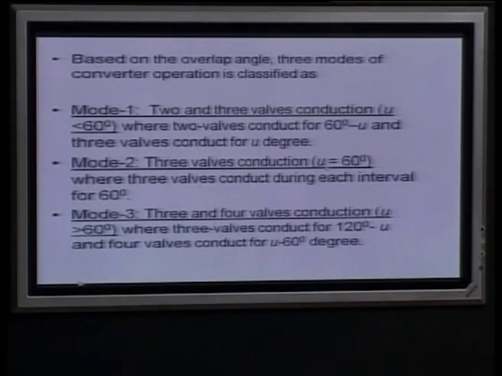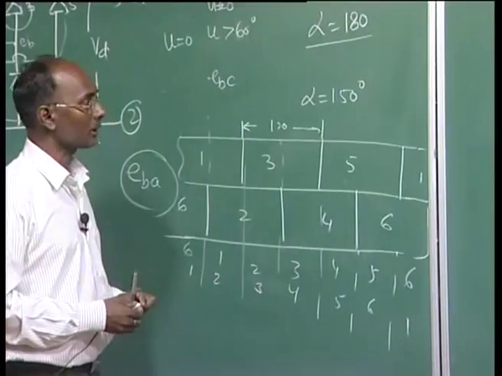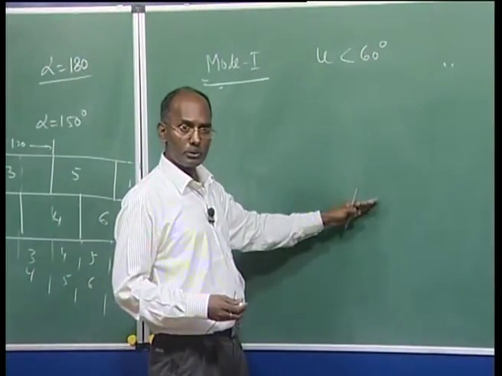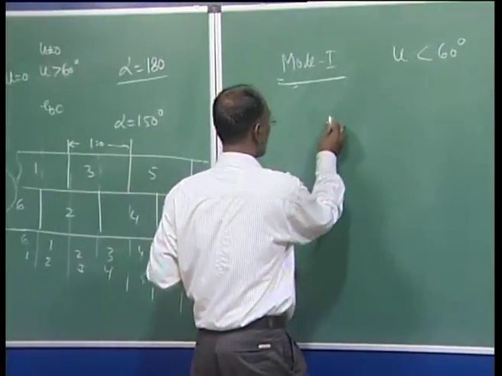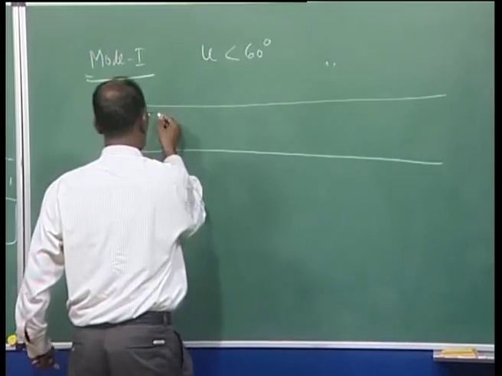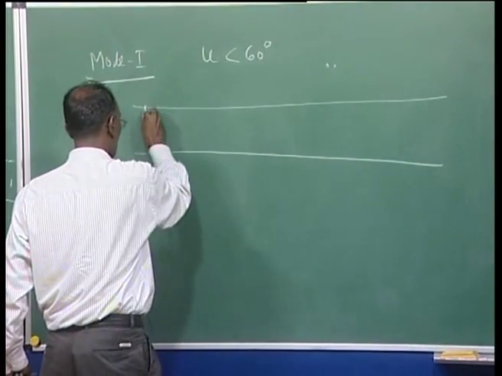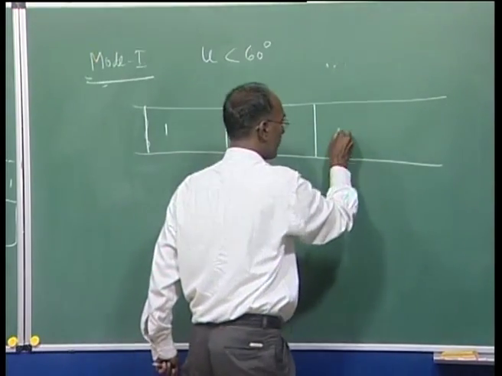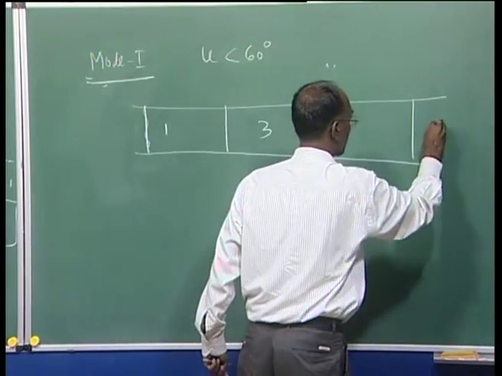Now, to see what the pattern of conduction will be in mode 1, mode 2 and mode 3, let us again draw a bigger picture, and then it will be clearer. Here I can say valve 1, here valve 3, here valve 5, and then again 1 and so on.